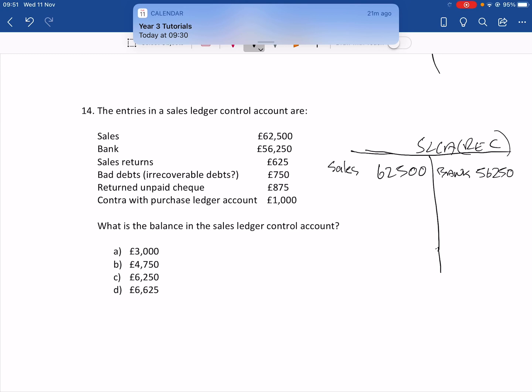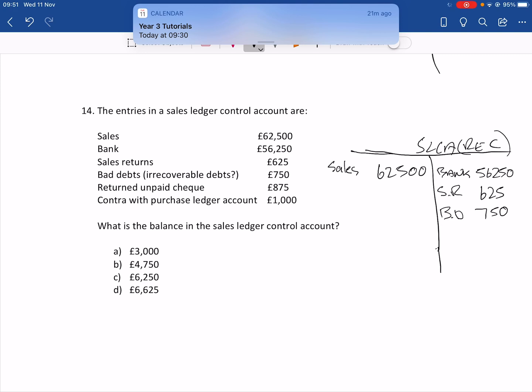Sales returns, we also know, reduces it. So sales returns reduces the amount of money our customers owe us, which is 625. Bad debts, so we're not going to receive £750 from the customers. So that reduces the amount of money that customers owe us. And then we've got a returned unpaid cheque.